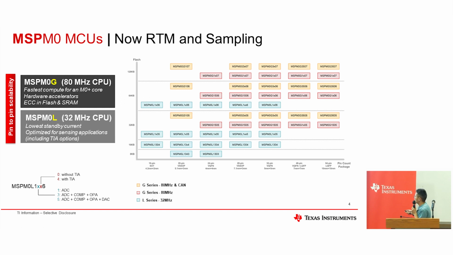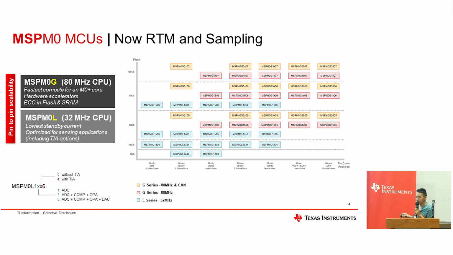Okay, as you can see, I separated the products into 3 colors here. The blue one is the L series device, and the other one is the G series device without the CAN interface, and the yellow one is the G series device with CAN FD.